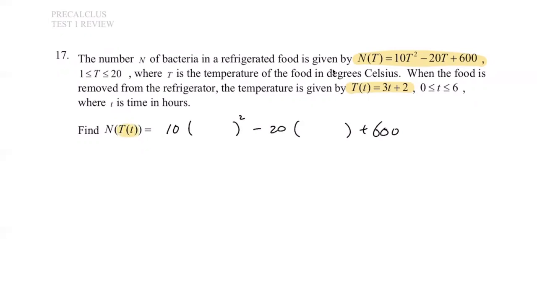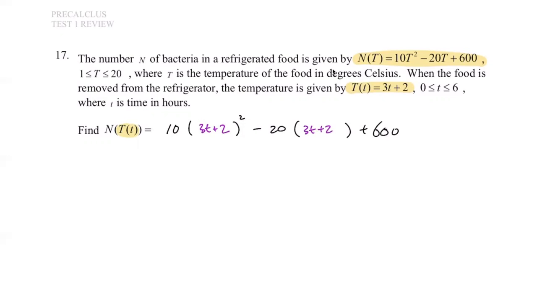You insert the function big T into the variable where the big N function has. So therefore, this will be 3t plus 2 right here, and 3t plus 2 right here.